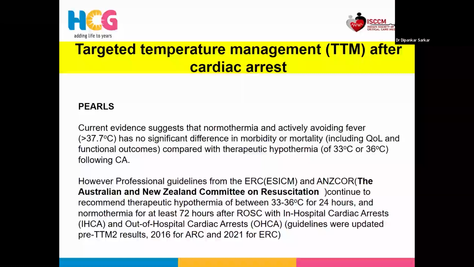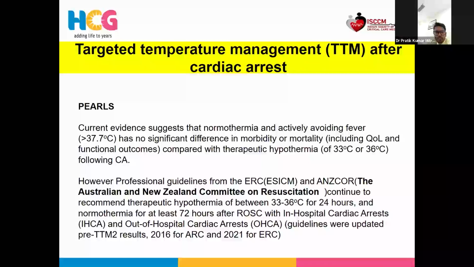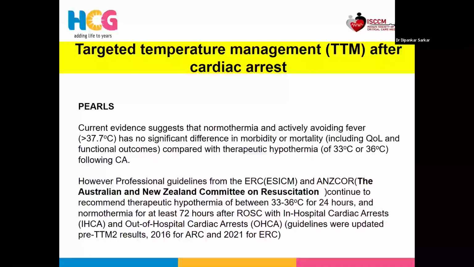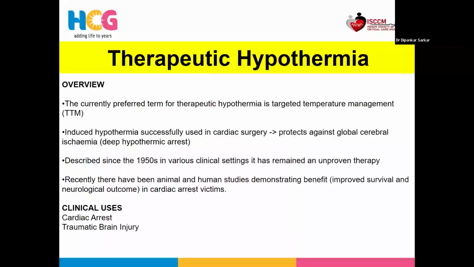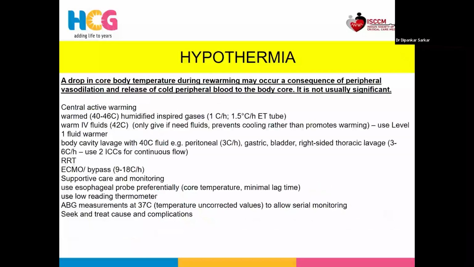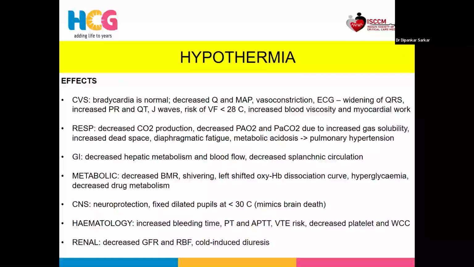Temperature control plays an important part in these two types of patients, so if you can highlight the salient points, especially in burn patients. Yes. In burn, we have to avoid hypothermia, which is an after effect of burn. That is very important, because there is suppression of the bone marrow and the patient suddenly becomes leukopenic. So if you can highlight that.